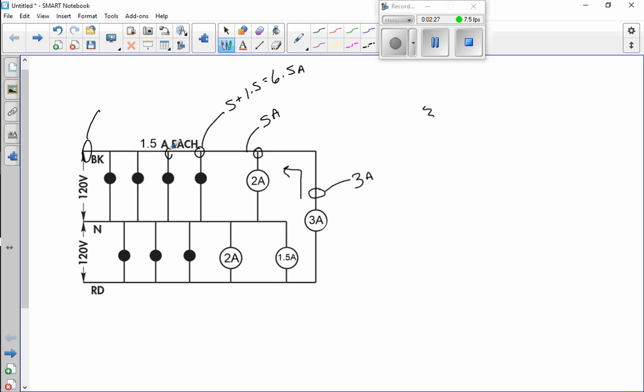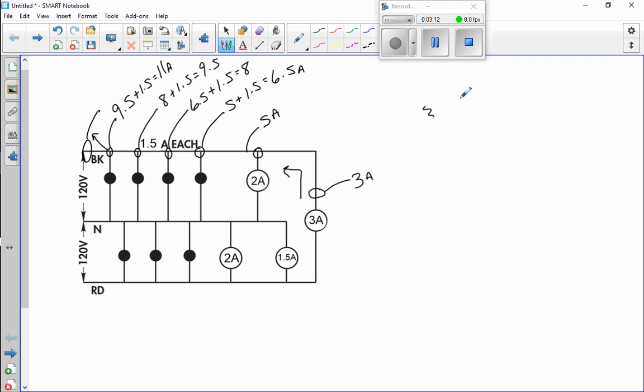Then, once you get to this location, 6.5 plus 1.5 is going to be 8. Here, 8 plus 1.5 will be 9.5. And then here, which will be the same as the value right there, 9.5 plus 1.5, leaving you with 11 amps.